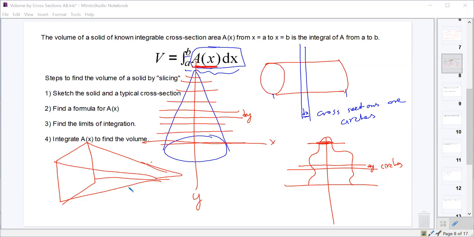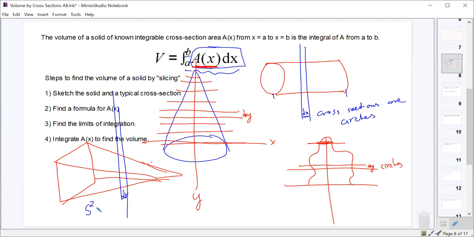Well, we know the formula to find the volume of the pyramid probably, but I do know that if I slice this thing perfectly vertically, the thickness of each of these squares that I get as cross sections is dx, and every cross section will be a square, and I should be able to use the formula for the area of a square, right?